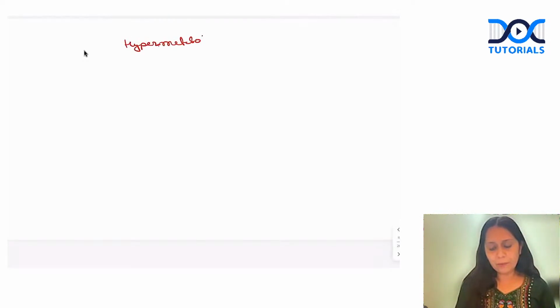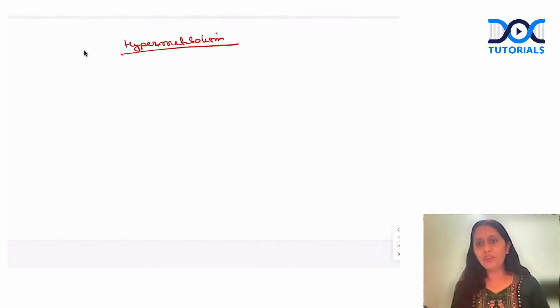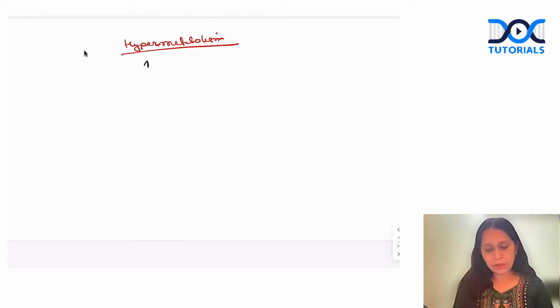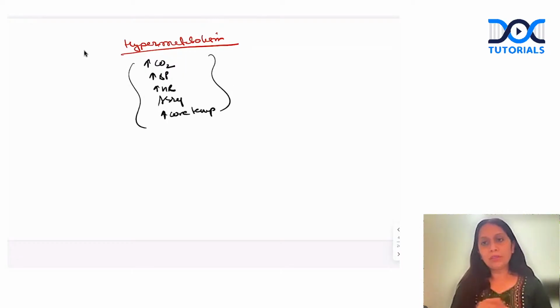Because of hypermetabolism, what would be the clinical features? There would be byproducts of metabolism getting released: increased carbon dioxide, increased blood pressure, increased heart rate, arrhythmia, increased core temperature. All this will happen in malignant hypothermia. And because of the storm of metabolism, there is cell breakdown, and the patient will go into renal failure. Death would be certain if not managed immediately.